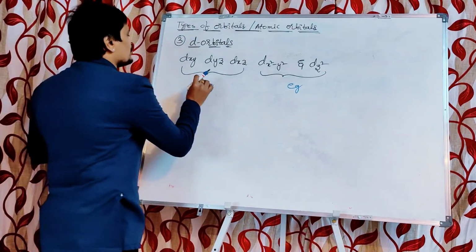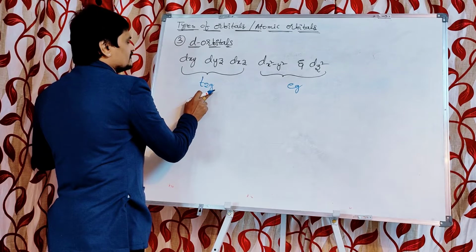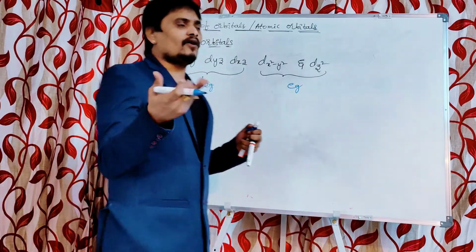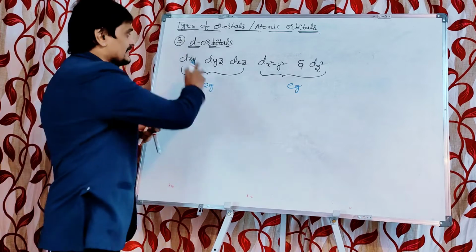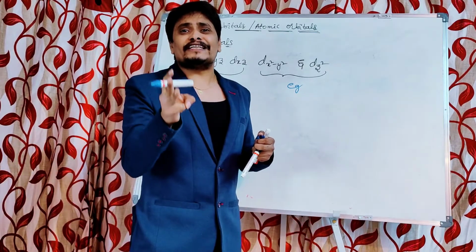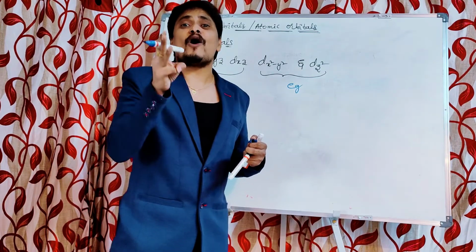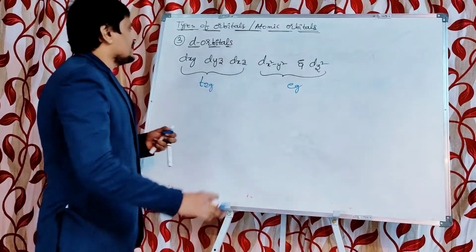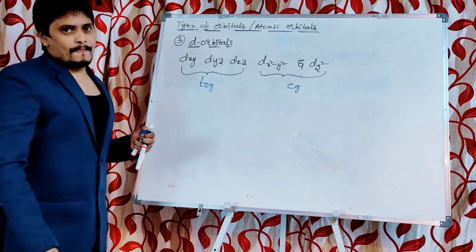Now T2G, what do you mean by T2G? T stands for triply. G stands for degenerate. So triply degenerate, so these are 3. Degenerate means the energy associated with these three, dxy, dyz and dxz, is one and the same.